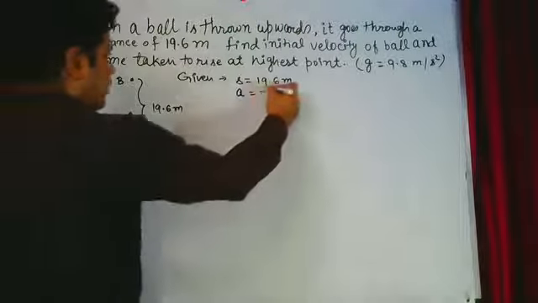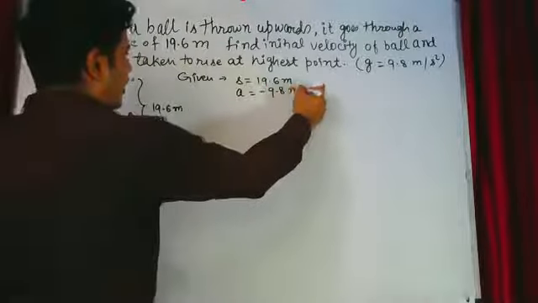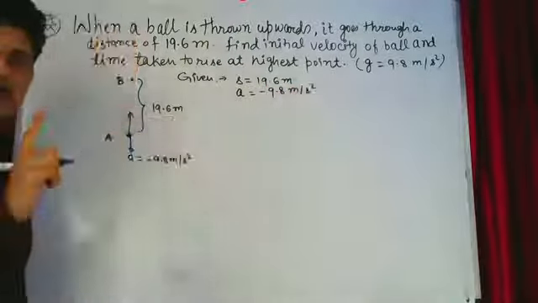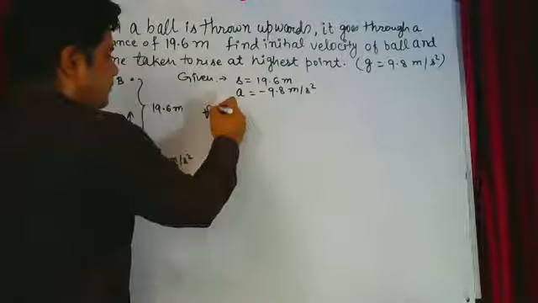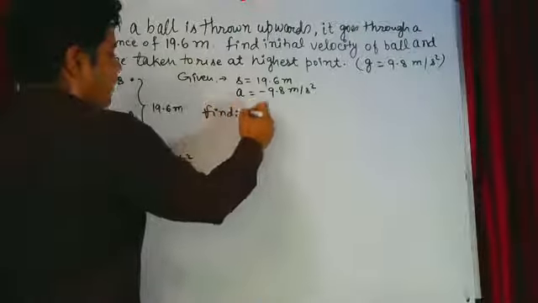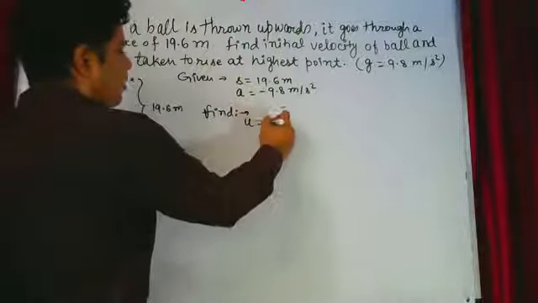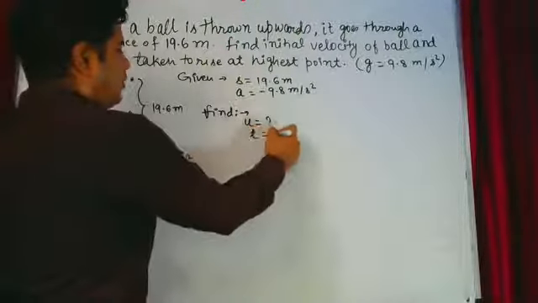It means acceleration is minus 9.8 meter per second square. We have to find its initial velocity and the time taken to reach the top.